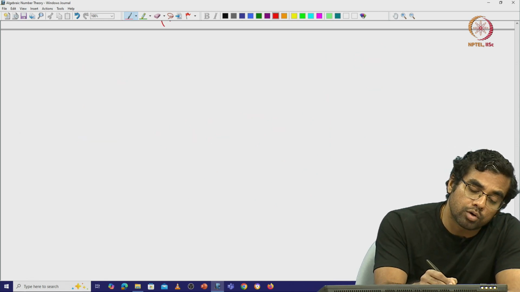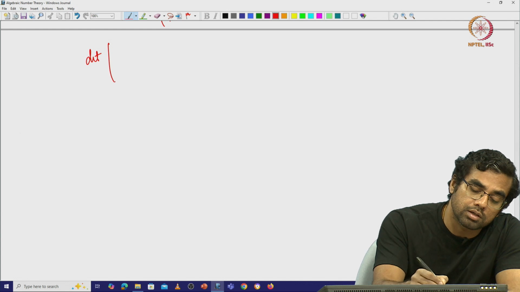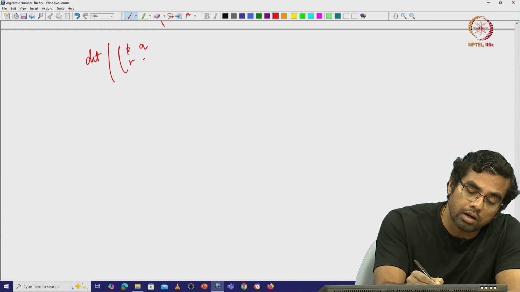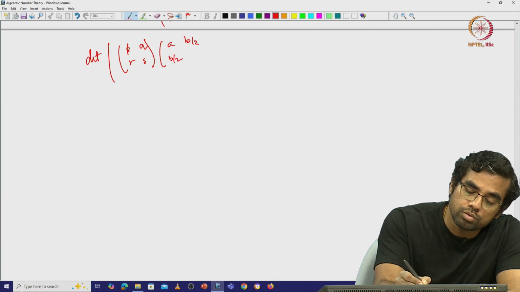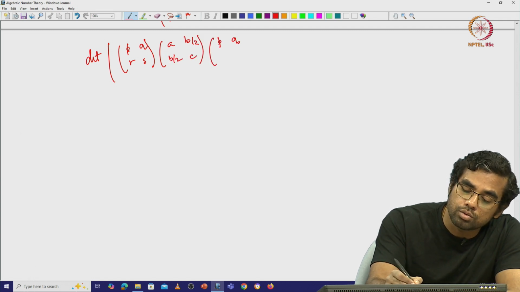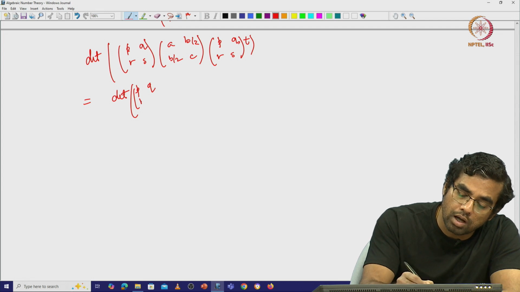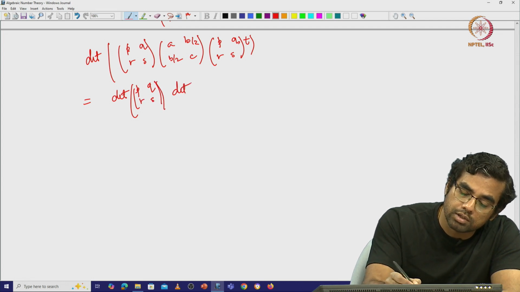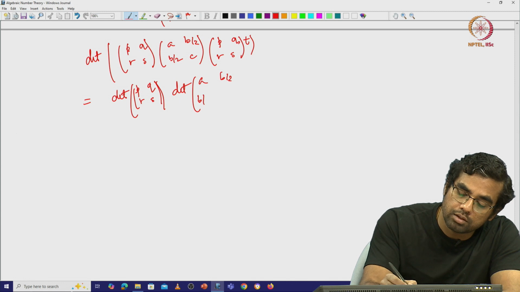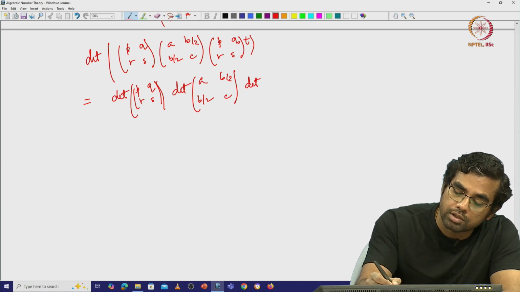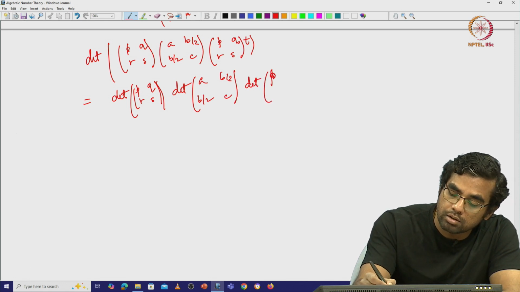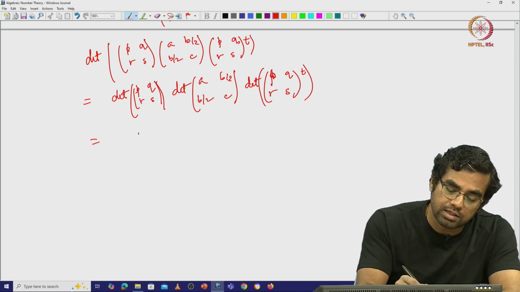Furthermore, we know that the determinant of (p q; r s) times (a b/2; b/2 c) times (p q; r s) transpose is the product of the individual determinants, but the first and the last determinant is 1.